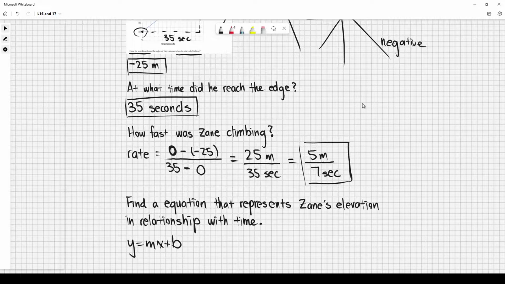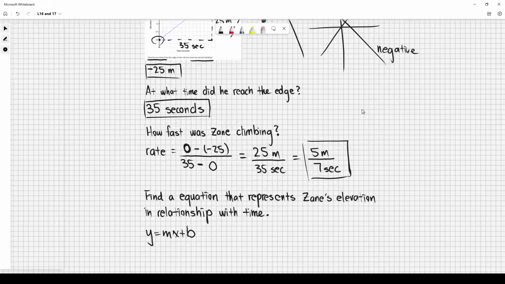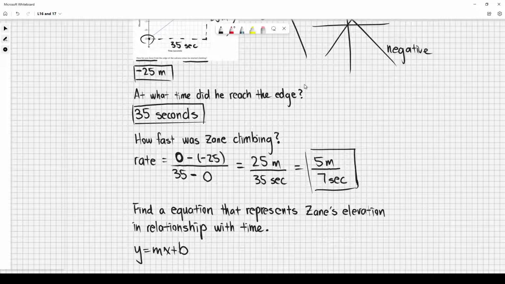So based on what we found in the previous questions, this one represents his initial position, right?